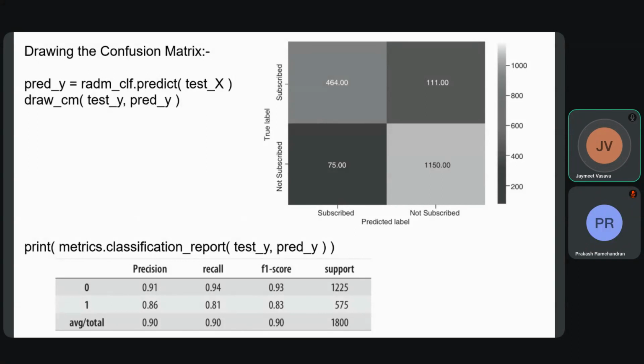And when we get the classification report of this model, you can see that the recall value and other metrics of precision, F1 score and stuff have been good as well. The recall value of positive classes is 0.81.